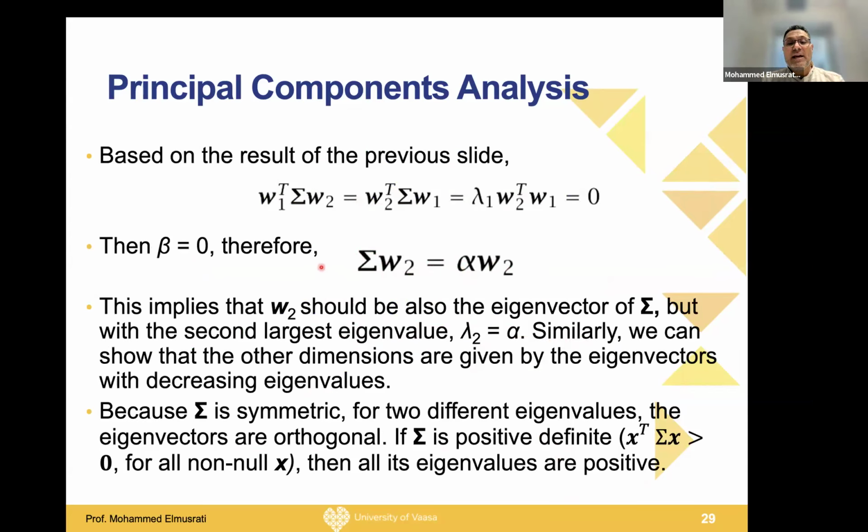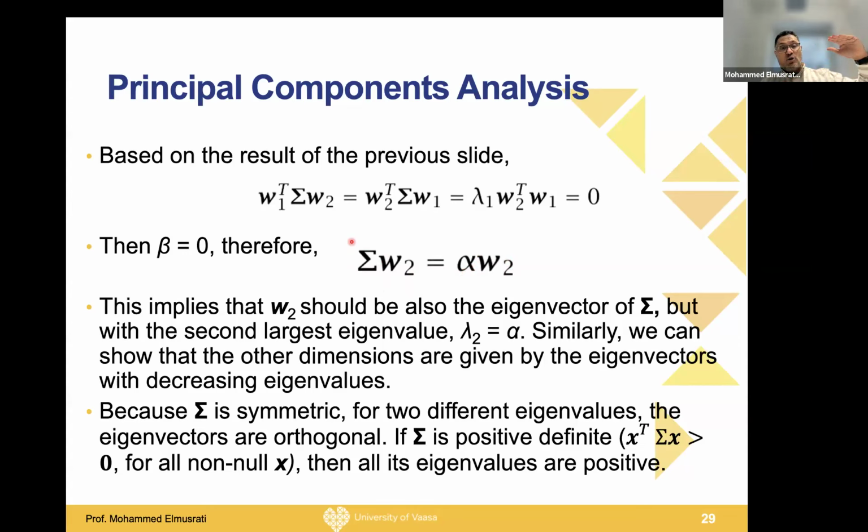If you multiply here by W2 transpose, and W2 transpose times W2 equals 1, then I want to maximize this. The result is simply that alpha will be the second highest eigenvalue, and W2 is the eigenvector of matrix Z associated with the second highest eigenvalue of this matrix.